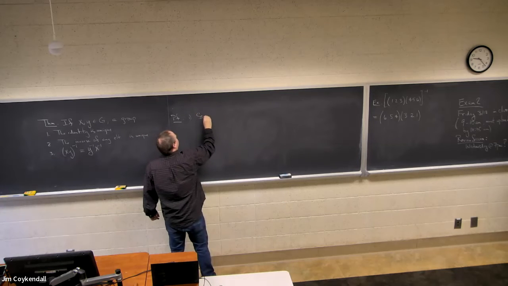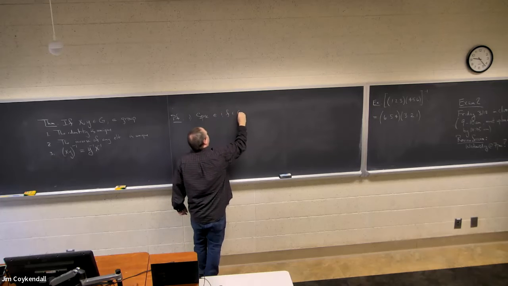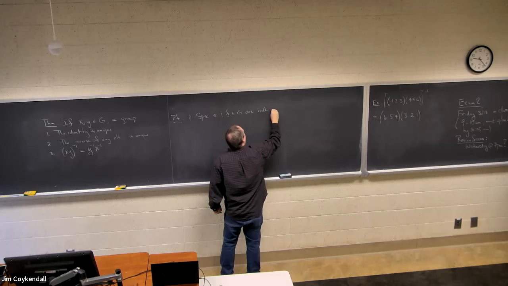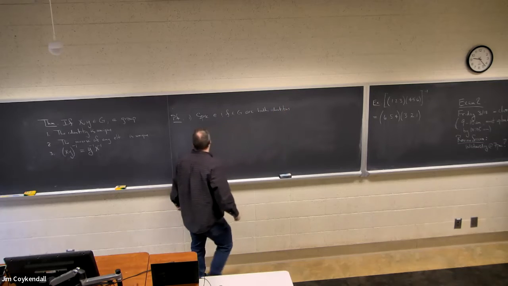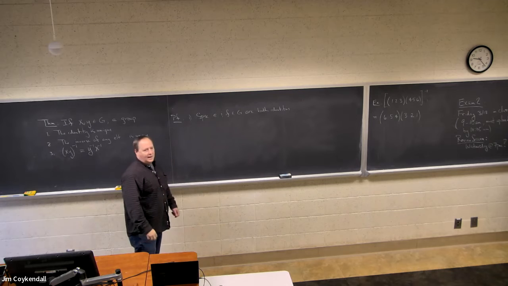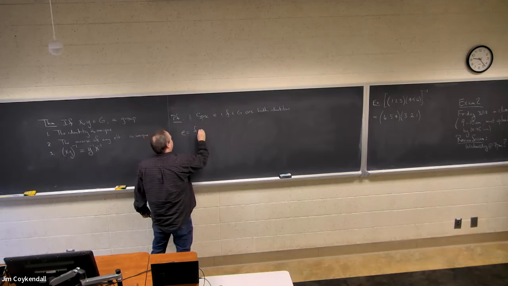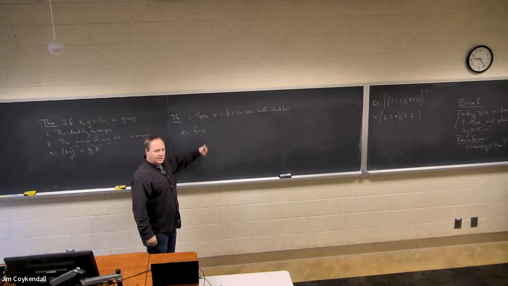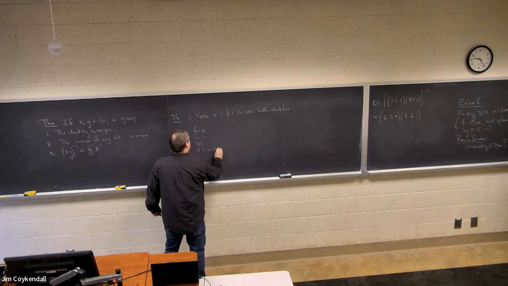Suppose E and F are both identities. E is F times E because F is an identity.